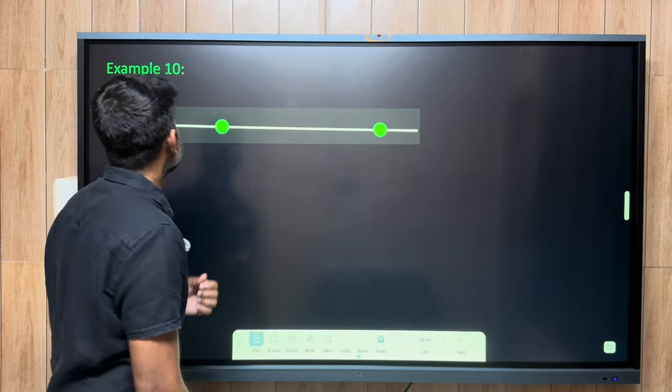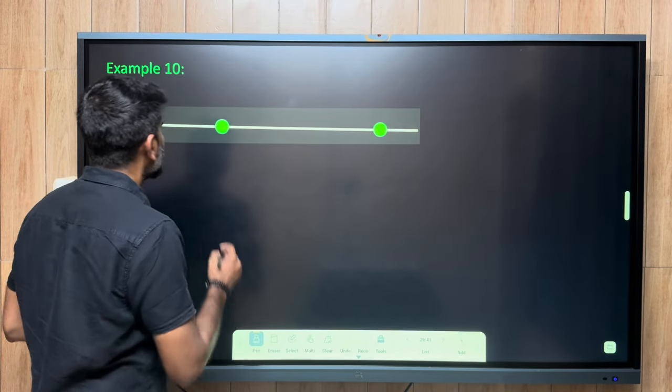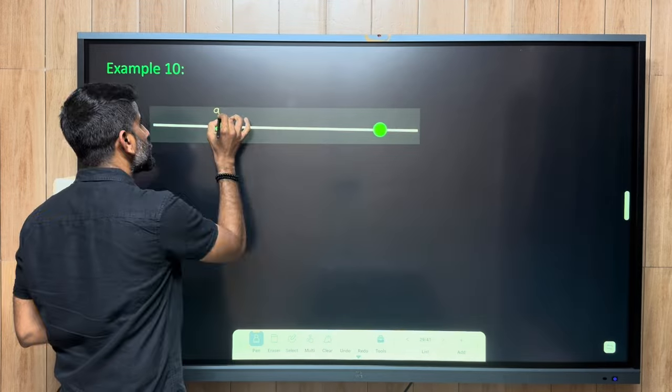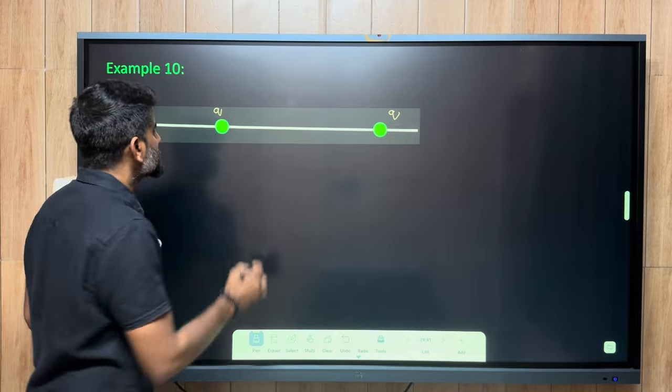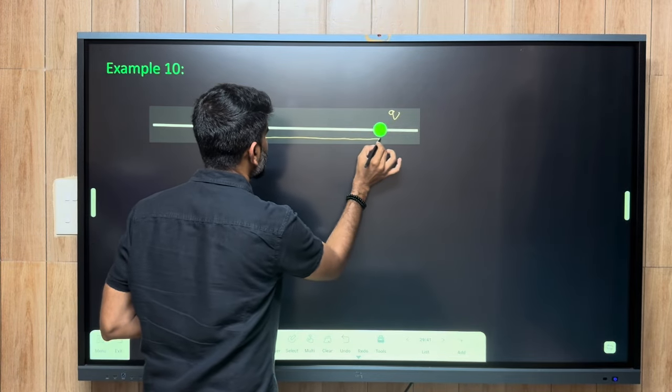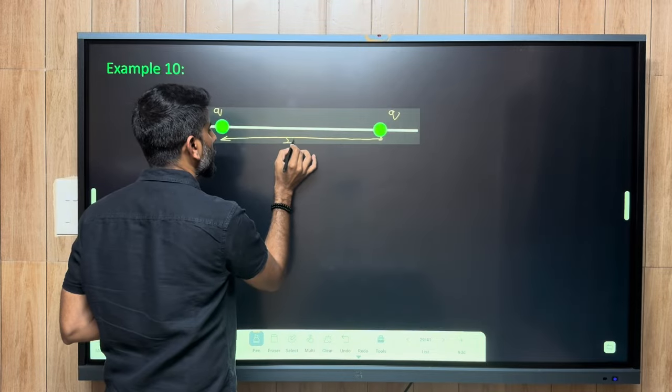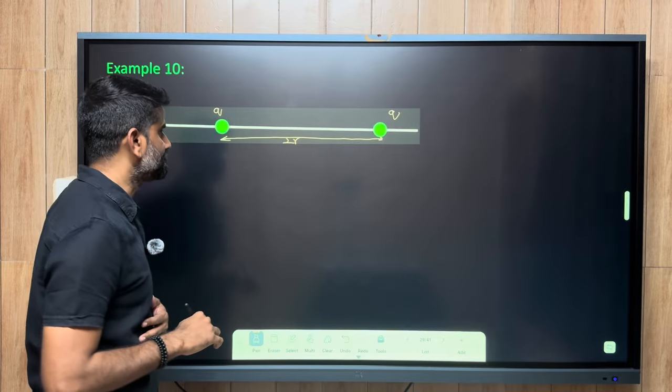How are we going to define it? Let's take equal charges q and q, separated by center to center distance, let's say 2r.